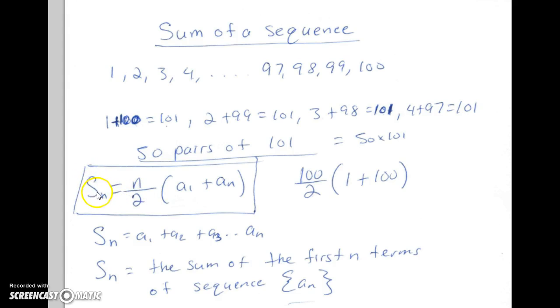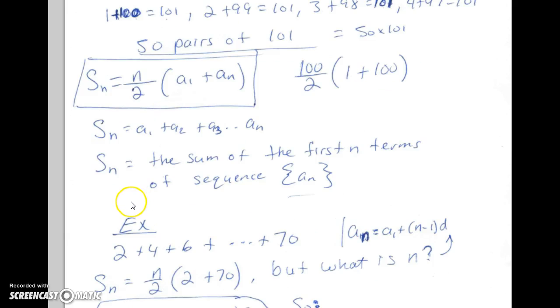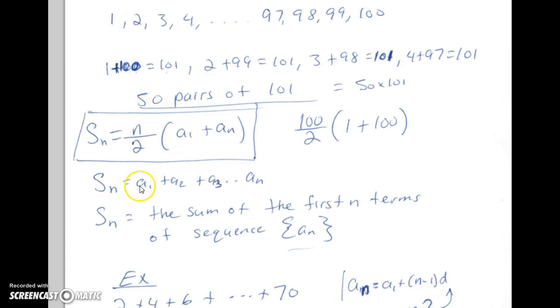This is the sum of the n terms of the sequence a sub n. S sub n is the sum of the first n terms: a sub 1 plus a sub 2 plus a sub 3 all the way up to a sub n. You take n over 2 times the first term plus the a sub n term. There's your formula: S sub n equals n over 2 times the quantity a sub 1 plus a sub n.